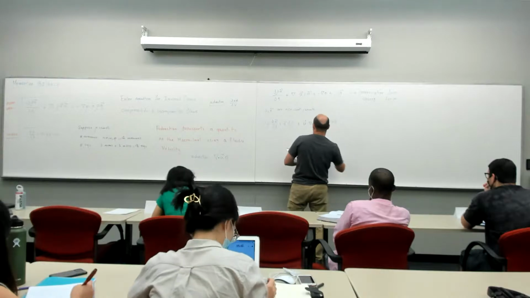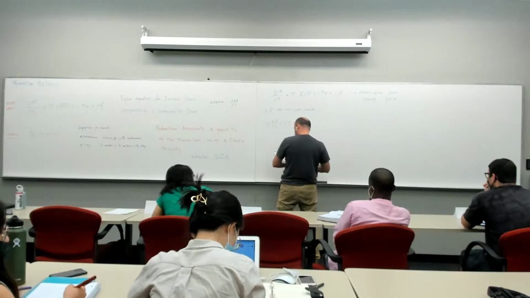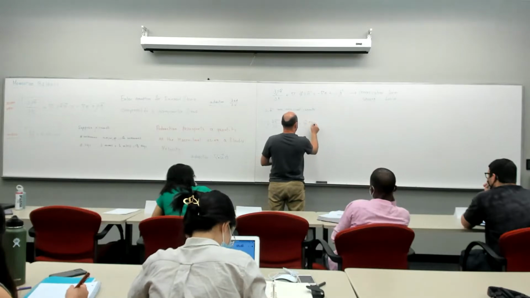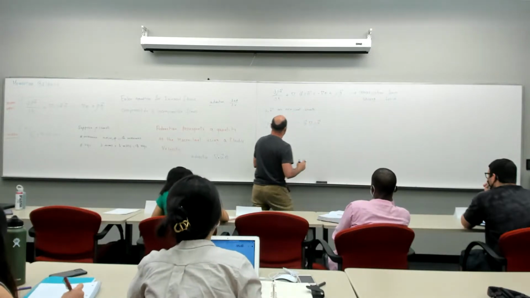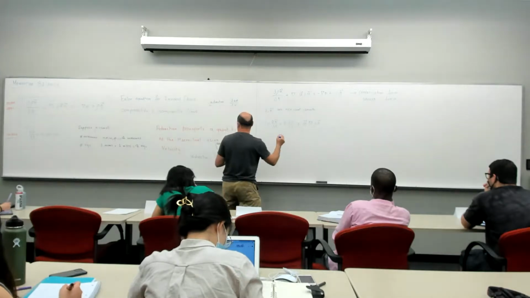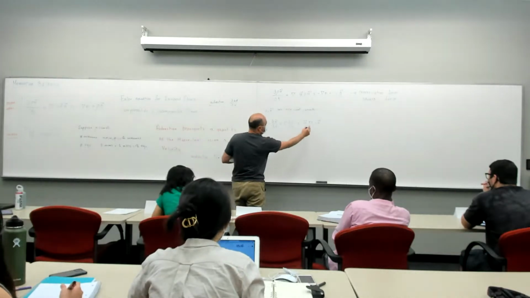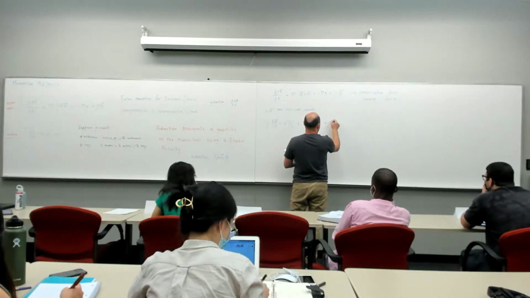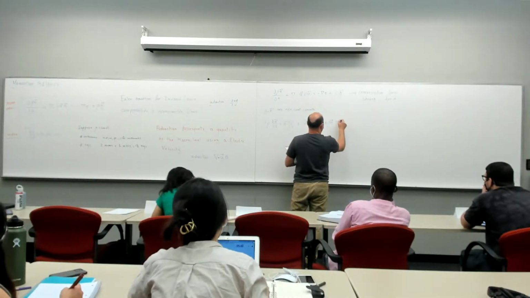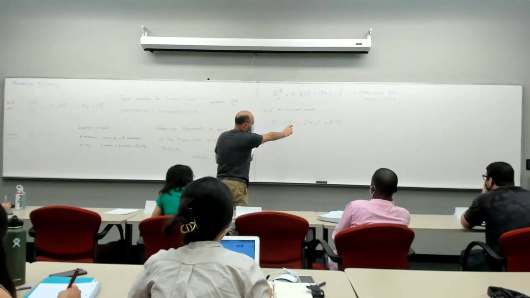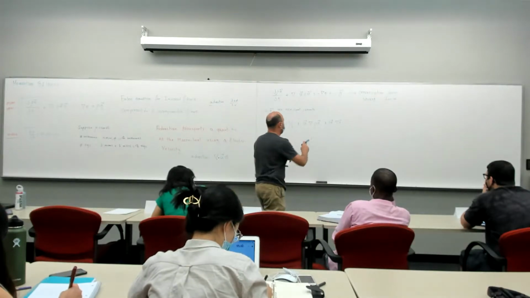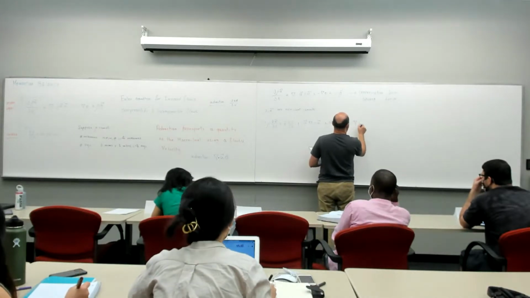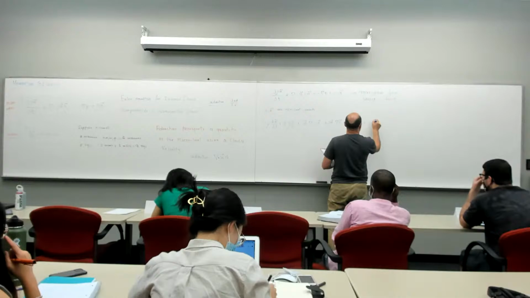Or actually, let me write it another way: u div rho u. You can tell what I'm after. I'm after the continuity equation, so I need a div rho u. Plus rho u dot grad u. What I wrote before is correct, but I want to expose the continuity equation. Equal minus grad p plus rho g.